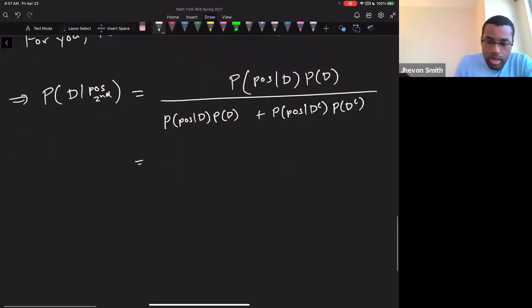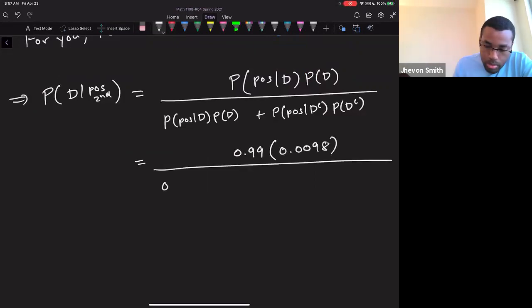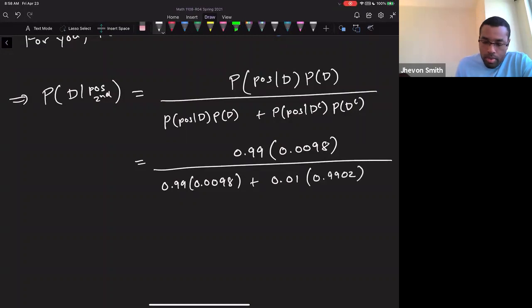So here we end up with positive given that you had the disease: the test is still 99% effective. However, the probability that you have the disease is now 0.0098. And this is 0.99 times 0.0098, plus, now this is going to be 1% of the time it's going to be wrong, and then you have the 0.9902 here.